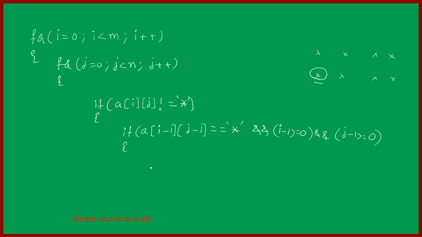Then what will we do? We will increment the count because a mine exists there, count plus plus. Is there any initial value given for count? No. So first make the count value 0, sorry, not here, for each element here, count is equal to 0. Right?